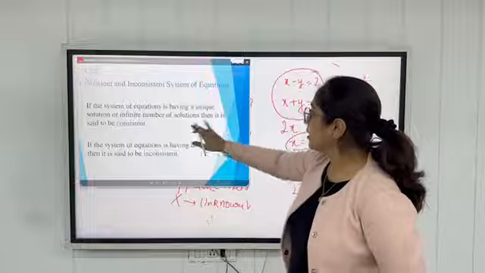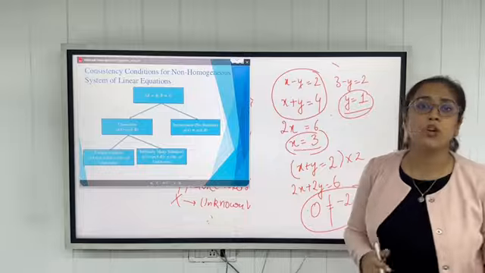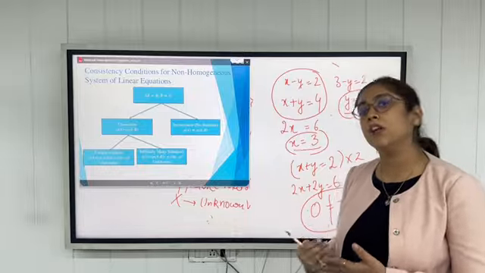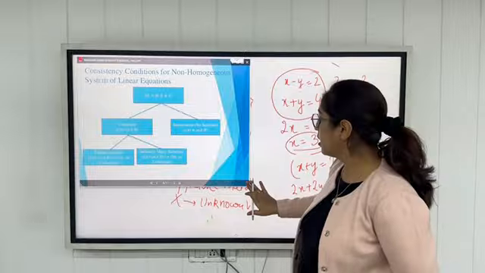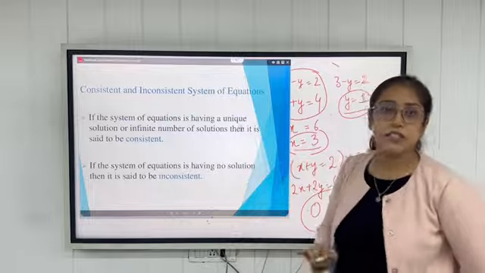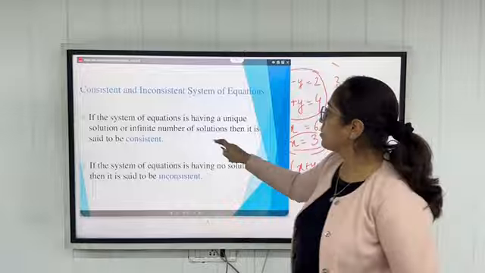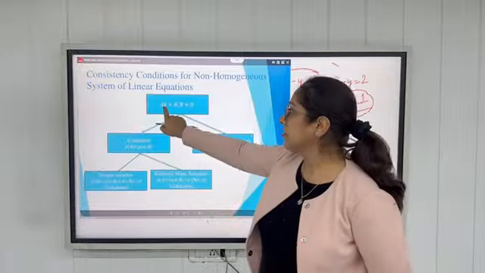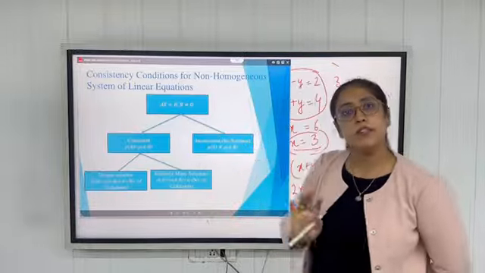Next we will further see how to solve the non-homogeneous system of linear equations and the homogeneous system of linear equations. So firstly we will see how to solve the non-homogeneous system of linear equations. Any non-homogeneous system of linear equations will be in the form of Ax equals b, where b is non-zero.